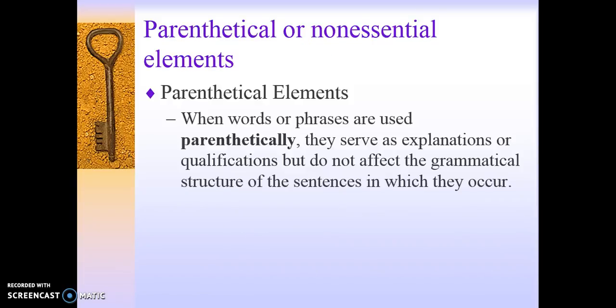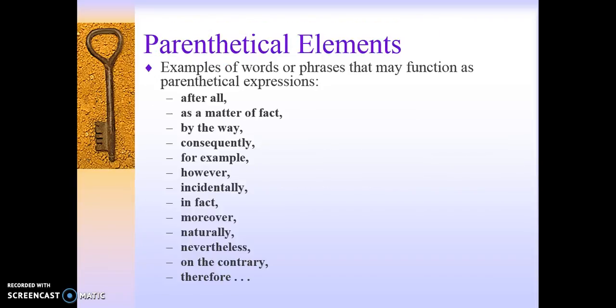And then we have parenthetical or non-essential elements. Parenthetical and non-essential elements are very similar to appositions. A parenthetical element is when words or phrases are used parenthetically, meaning they serve as explanation or qualification, but do not affect the grammatical structure of the sentences in which they occur. So with parenthetical elements, you're dealing with words or phrases like "after all."